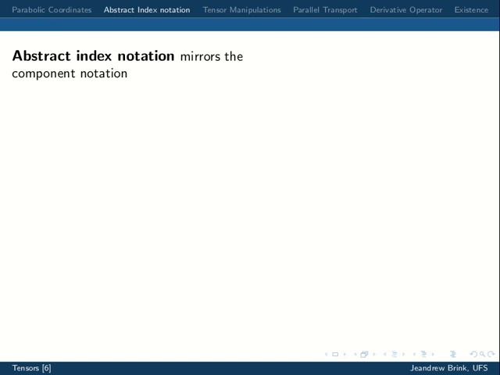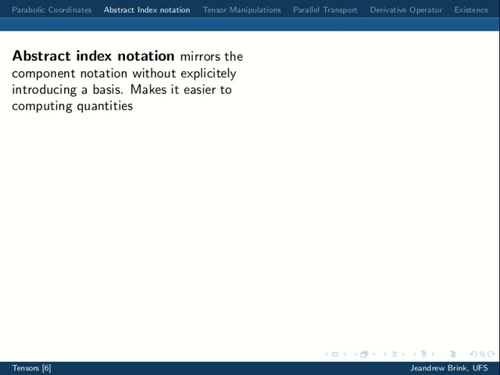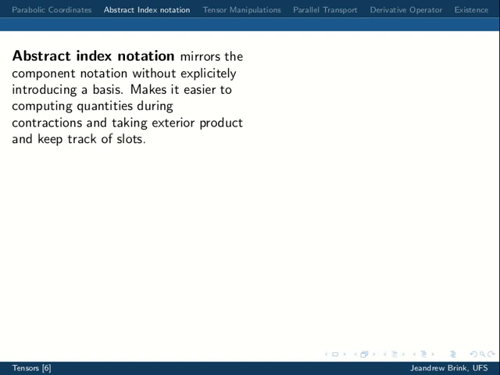That works so easily if you just keep track of the indices above and below, and you can do contraction, that people went on and said, let us rather represent the whole tensor, even if we don't know what the basis is explicitly, using abstract index notation. So it mirrors component notation without explicitly introducing a basis, and it makes it a lot easier when we compute quantities, especially when we take contractions and the exterior product. It also makes it easier to keep track of slots.